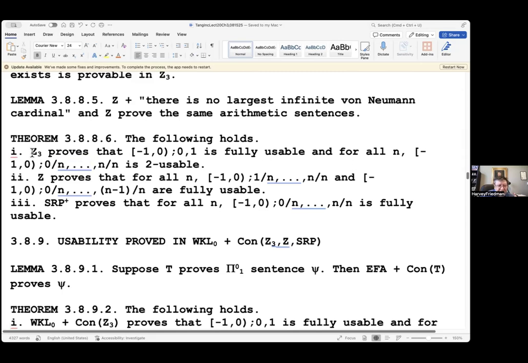Now, as I told you earlier, I think I can improve on this nicely. If you fix the dimension in here, then I think Z2 might be enough, which is a much better result. And that suggests a hierarchy, which is very interesting.